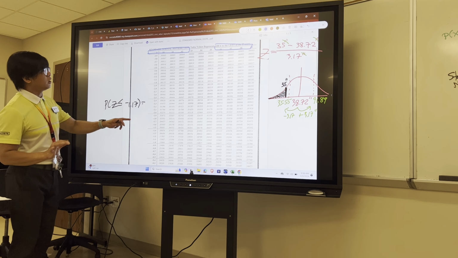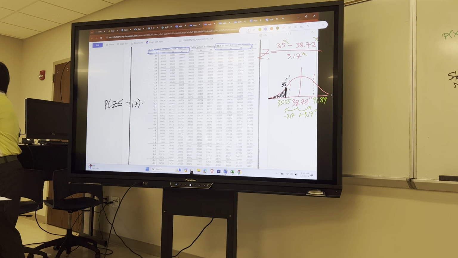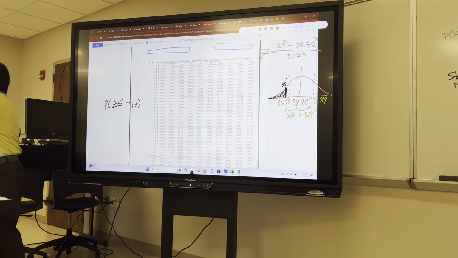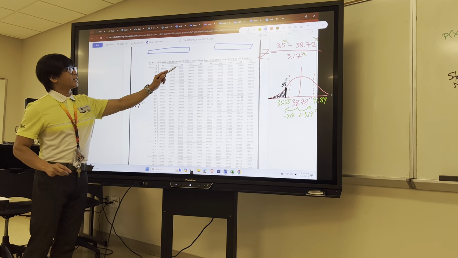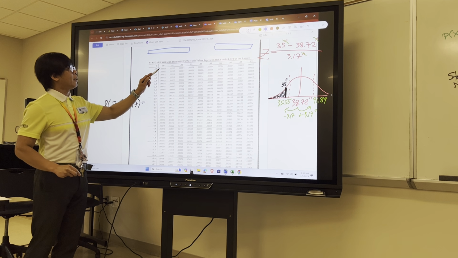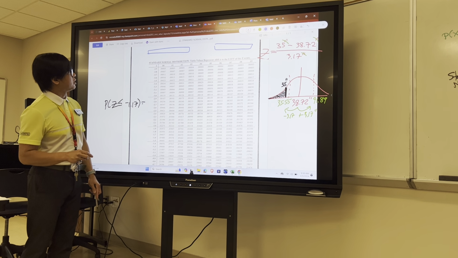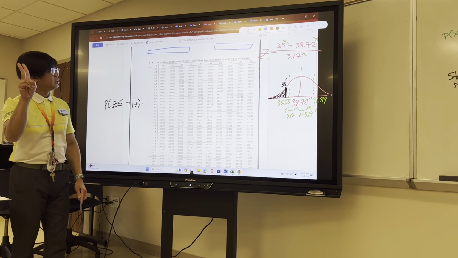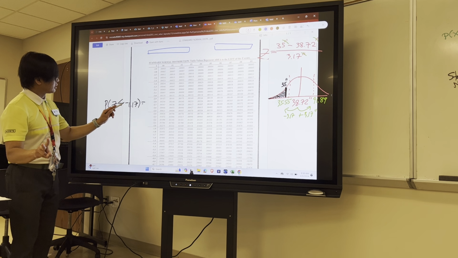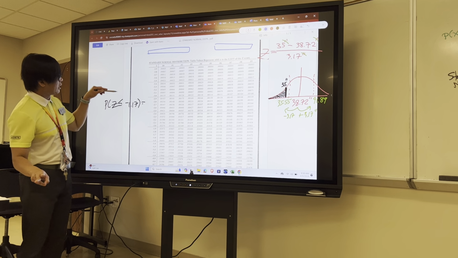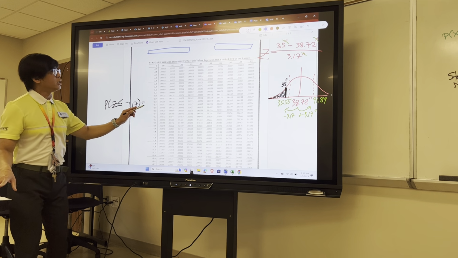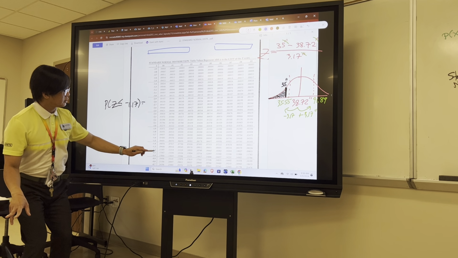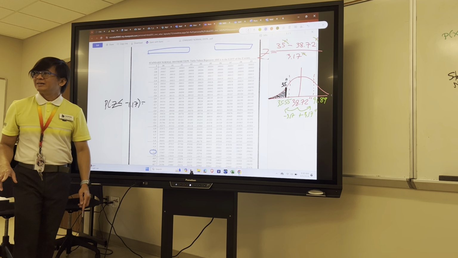Negative 1. As you may notice, z in here is exact up to how many decimal places? 2 decimal places. Negative 1.72, so where's that? Where's negative 1.7? Look in here where that negative 1.7 is.